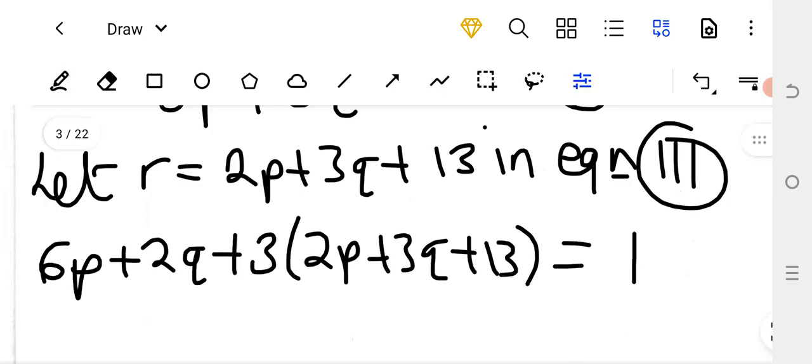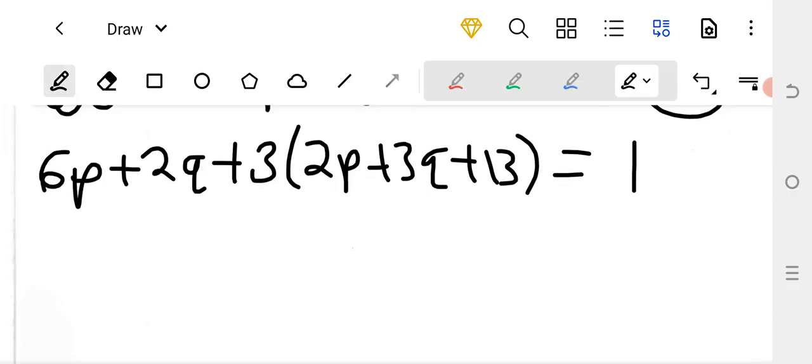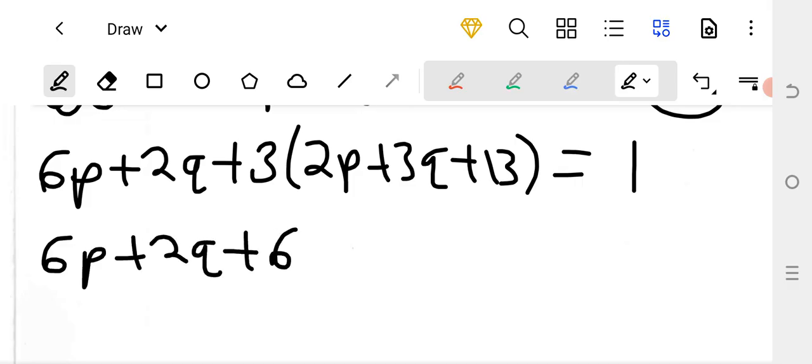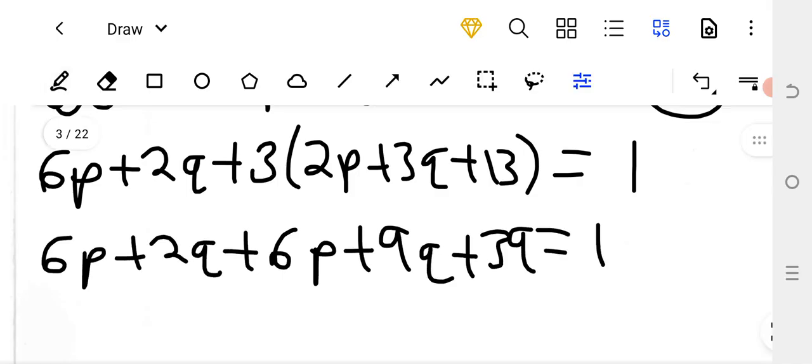So we are going to distribute the 3 in this bracket. It's going to become 6p plus 2q plus 6p plus 9q plus 39 is equal to 1.